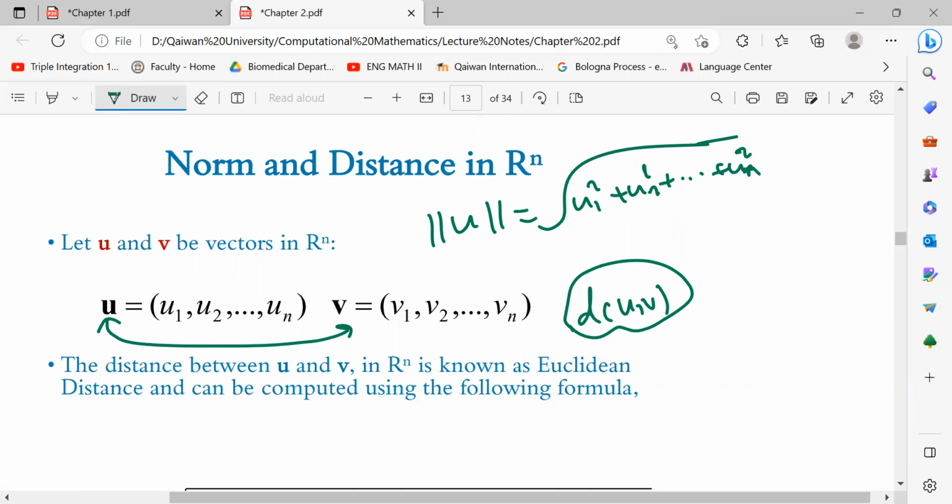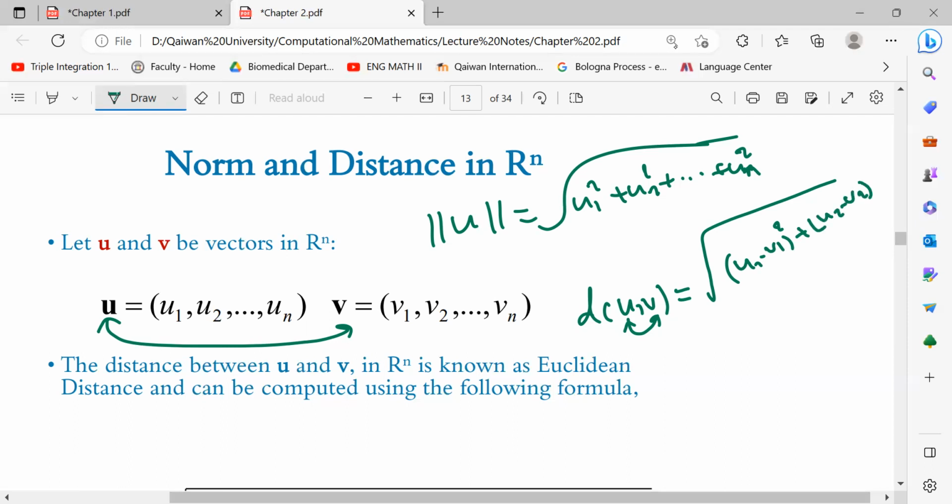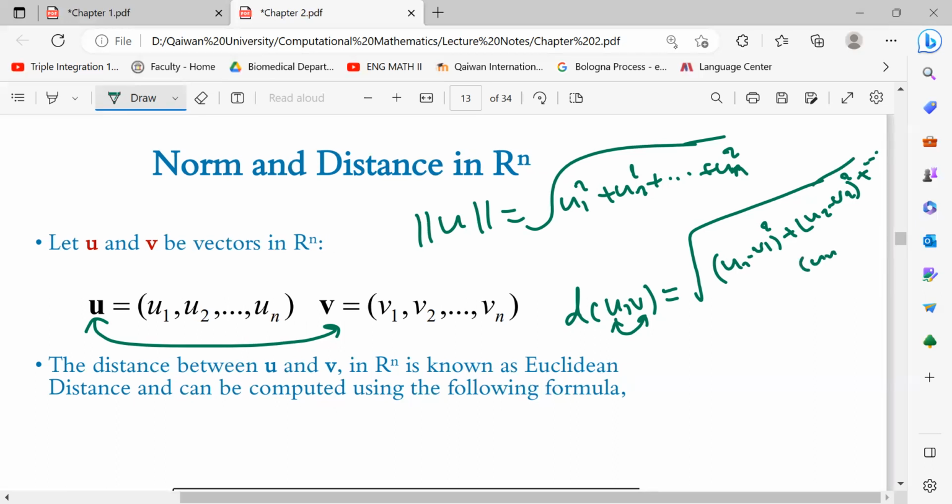Distance or Euclidean distance are the same. For finding the Euclidean distance of u and v, it is the square root of, as this is u and v, it depends on you which one you subtract from the other. In both cases, it's true: u1 minus v1 squared plus u2 minus v2 squared plus up to un minus vn squared.